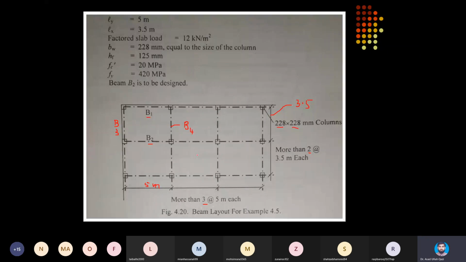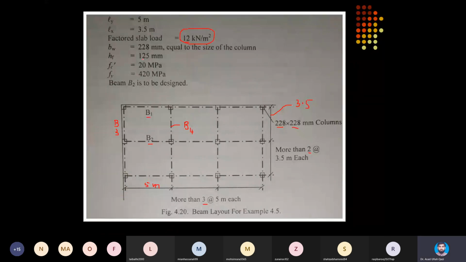It is further given in the statement that on this slab, the ultimate load is 12 kilonewton per meter square. So actually, it is not only the load on the slab, but it includes the self weight of the slab plus the floor finishes plus the live load which will be placed on this slab.